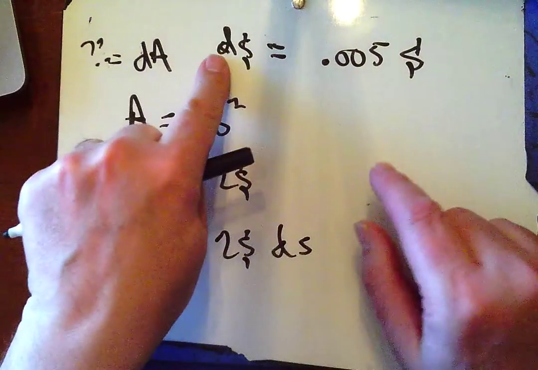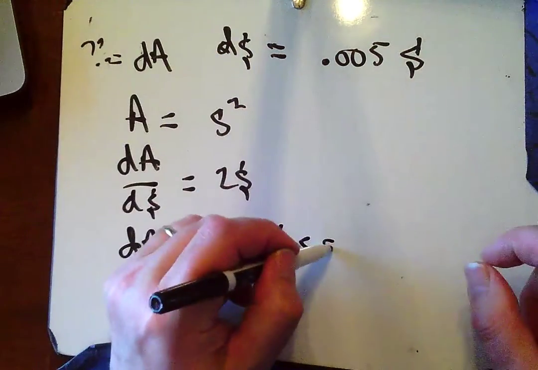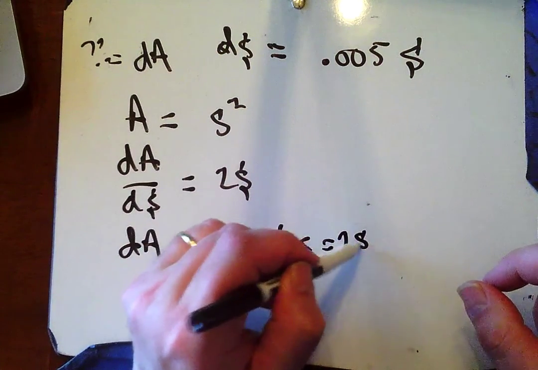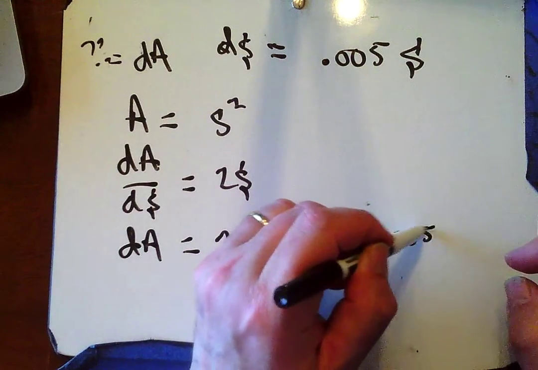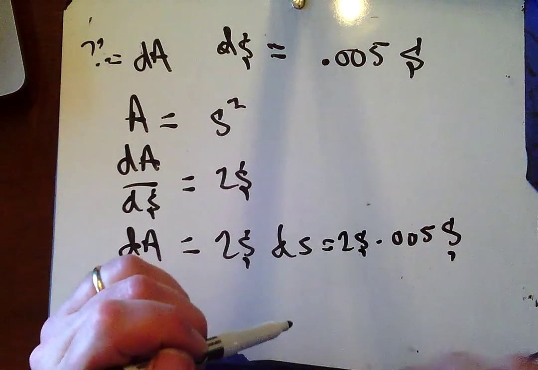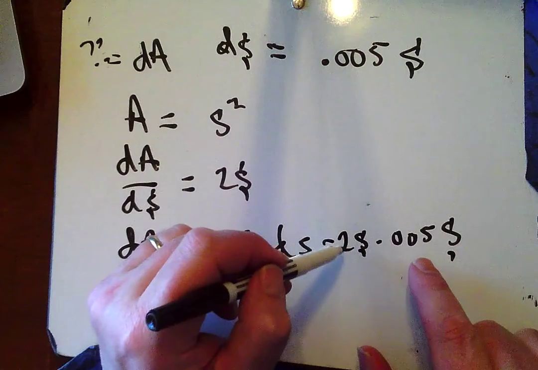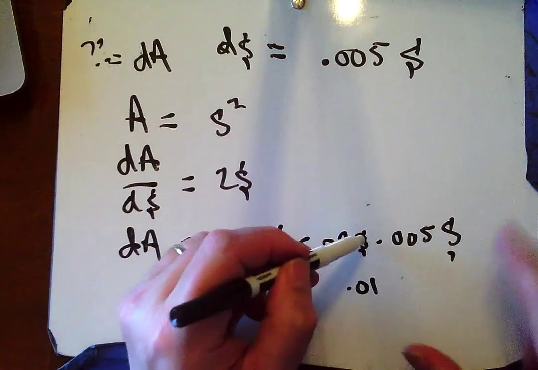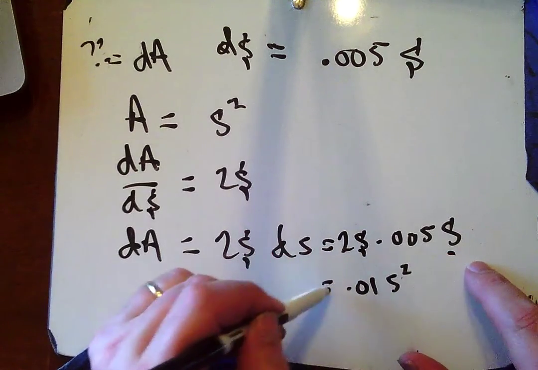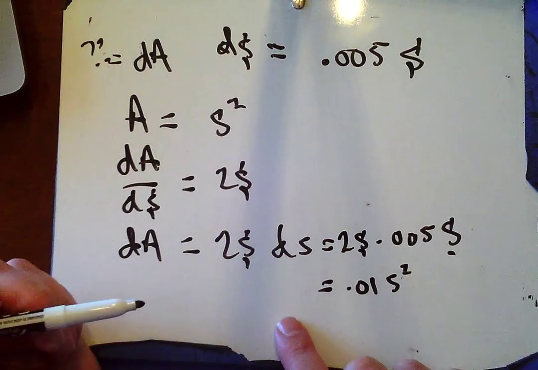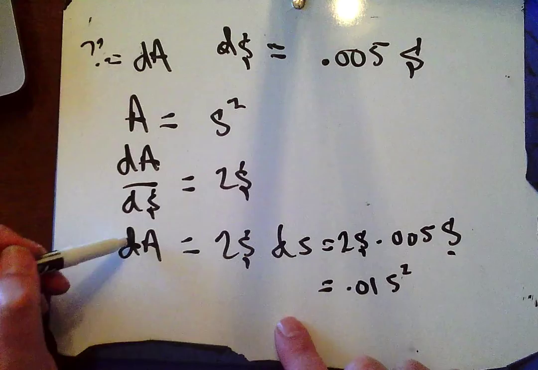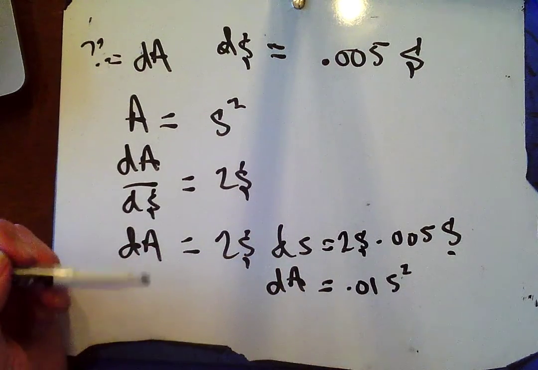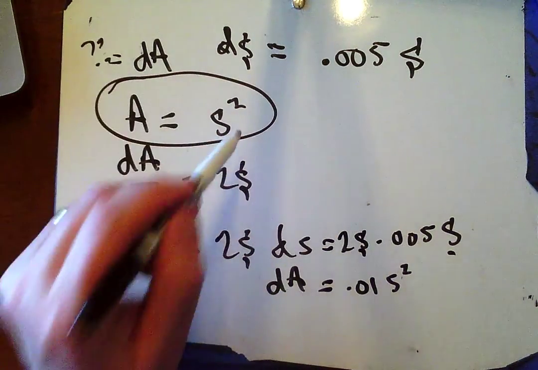Well, we know that ds is this. So we're going to say 2s times 0.005s. If I double this number, I'm going to get 0.01. And s times s is s squared. So that's dA. But remember, the area is s squared.